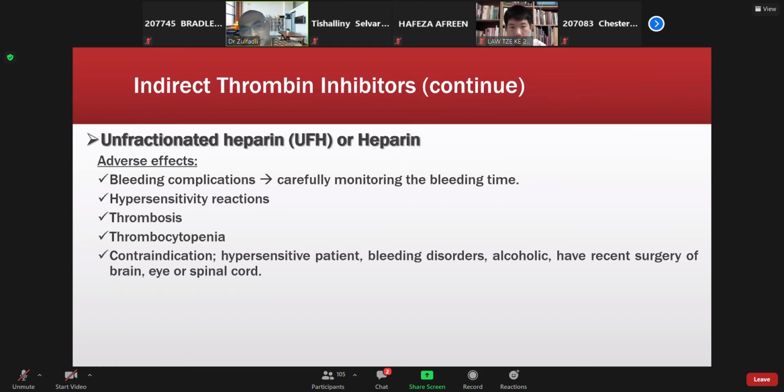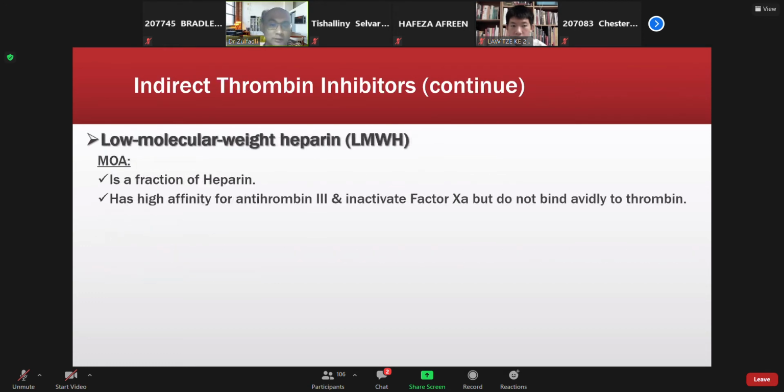If the patient has a bleeding disorder, you have to give heparin with caution or change to another drug.